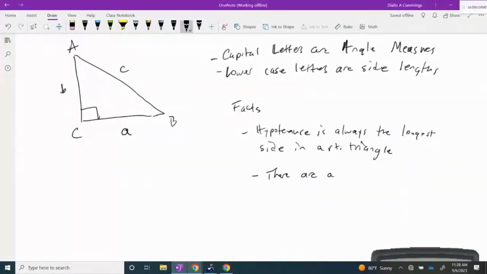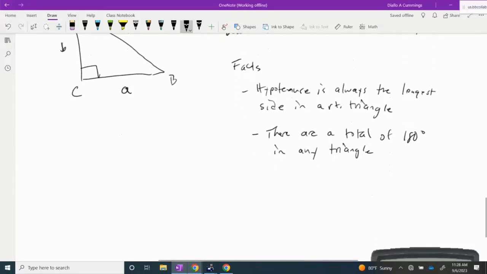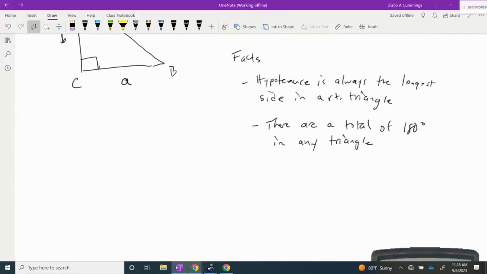There are a total of 180 degrees in any triangle.